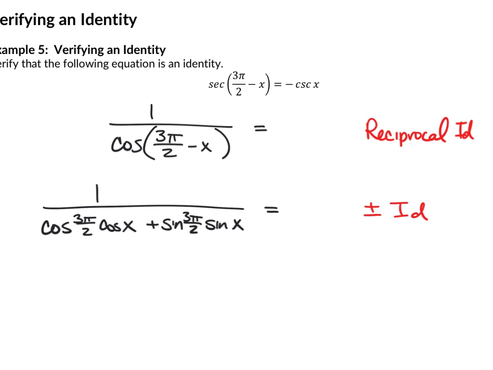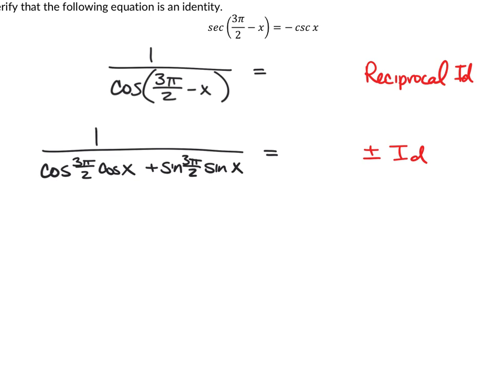Now, of course, we see that there is cosine of some angles. I know that two of them still have x's in them. We're going to leave that. But this is something we can get out of the unit circle. From my unit circle, what is the cosine of 3 pi over 2? Zero. So it's going to be 0 times cosine of x.